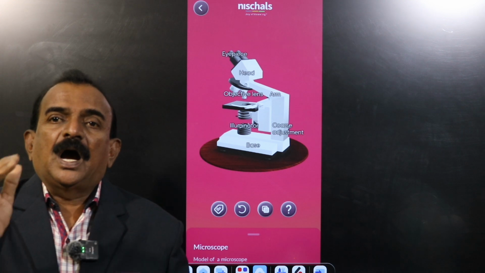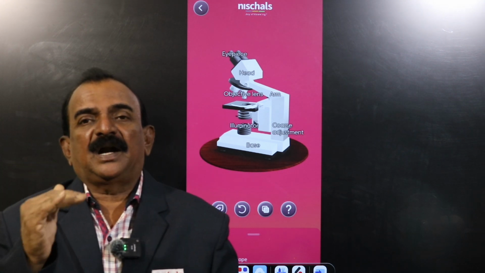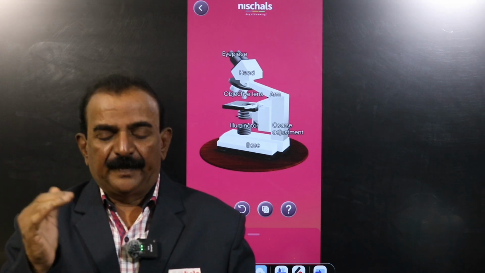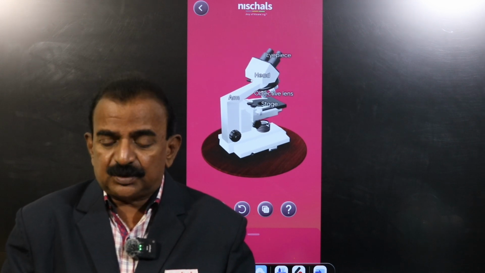So already we discussed what the parts of a compound microscope are. Again we are observing using Nischal's 3D application, and here you are clearly observing. I am rotating this compound microscope, and this rotation is helpful to see the different parts of the compound microscope.